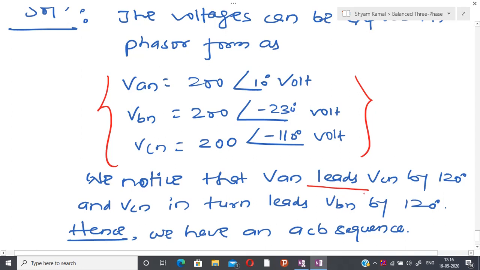VAN leads VCN by 120 degrees, and VCN in turn leads VBN by 120 degrees. So basically I have the ACB sequence, and whenever we have the ACB sequence, it means the rotor is moving clockwise. That is the meaning.